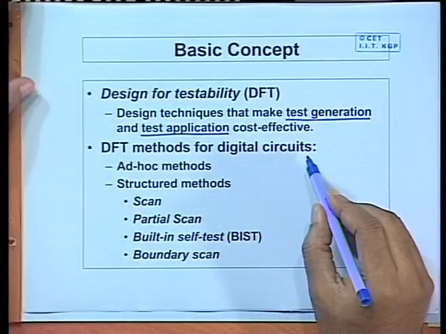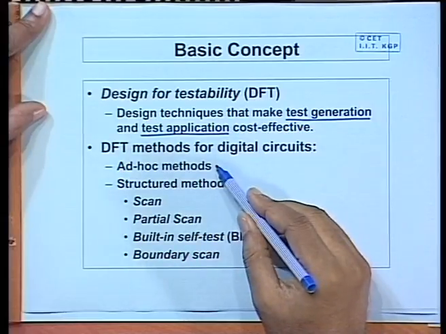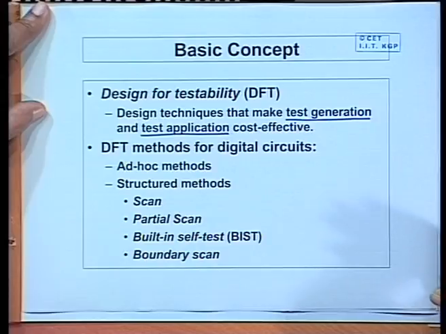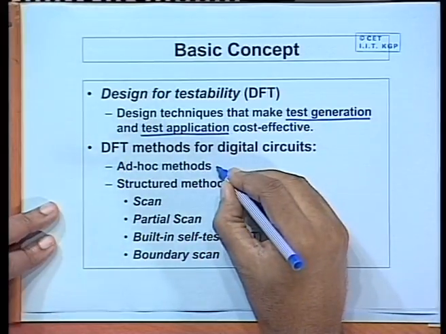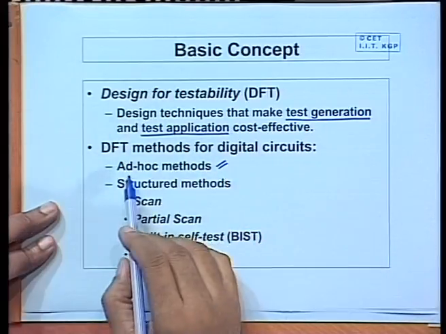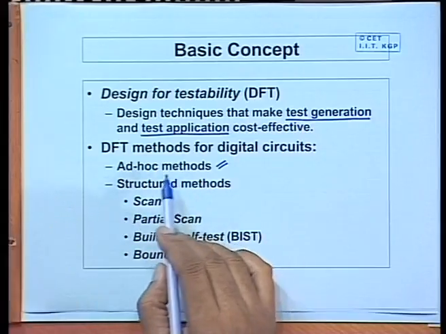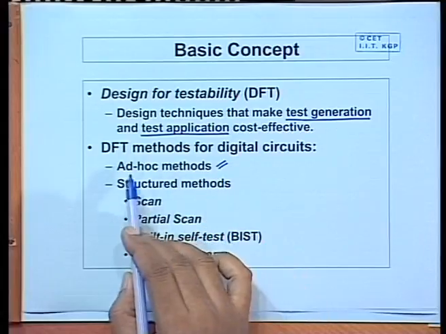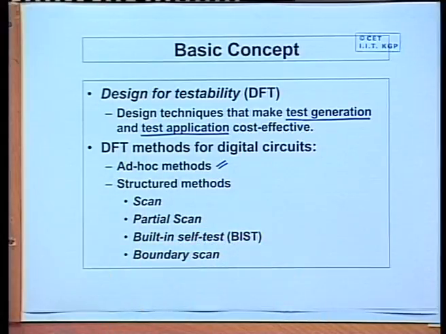Now, for digital circuits, there are broadly two approaches which people follow for design for testability. The first one is a set of techniques which have been laid down by experienced designers. These are called ad hoc methods.